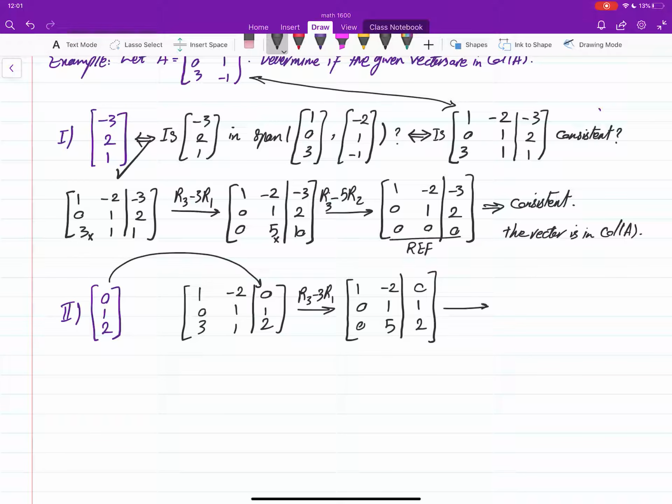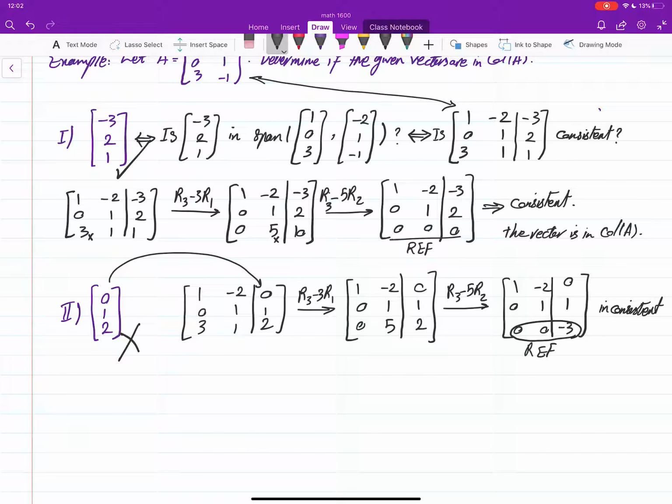And then when we do row 3 minus 5 row 2, what we get is 0, 0, but the right hand side of this guy is going to be negative 3. So 1, negative 2, 0, 1, 0, 1. So this is row echelon form, and as you can see, it is inconsistent. It means that no, this vector is not in the column space of that matrix.